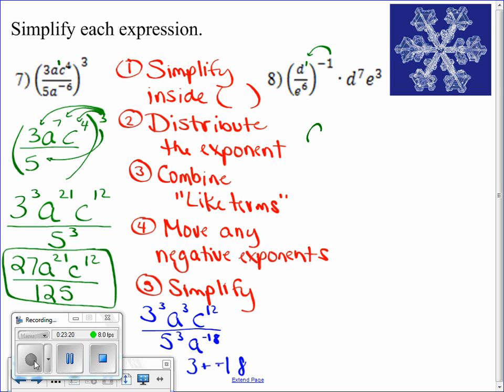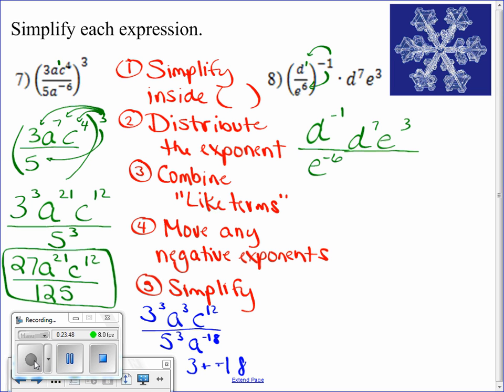So we'll get D to the negative 1 over E to the negative 6. Where are the D to the 7th and E to the 3rd right now? Are they on top of the fraction or on bottom? They're on top. Technically, it's like they're over 1. So write them on top. It'll help you out. If you can kind of put all this as one fraction, it makes more sense to you.